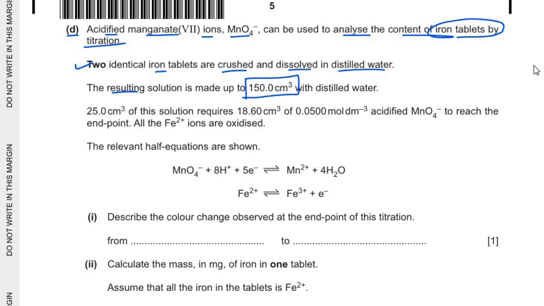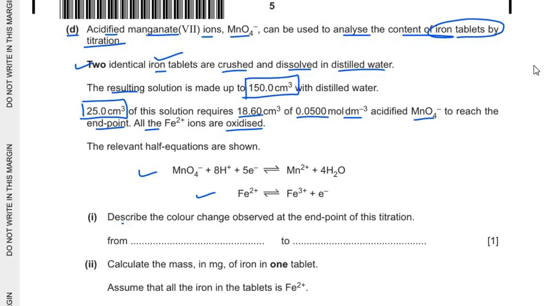Understand, the total volume is 150 cm cube for the iron tablets. 25 cm cube of this solution requires 18.60 cm cube of 0.0500 mol per dm cube of manganate solution to reach the end point. All the Fe2 plus ions are oxidized, and here are the two equations given. Now describe the color change observed at the end point of this titration.